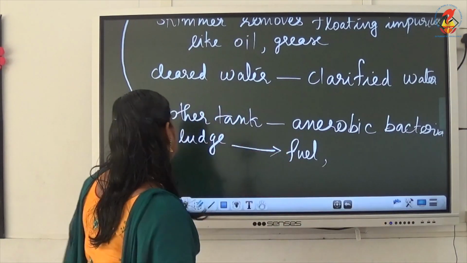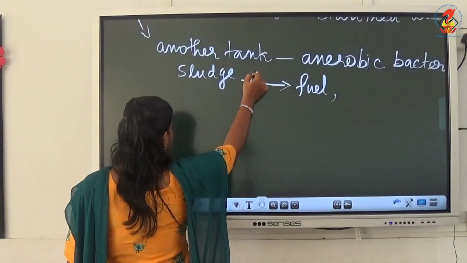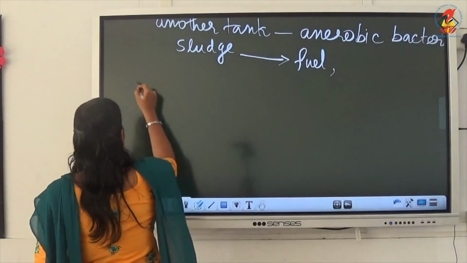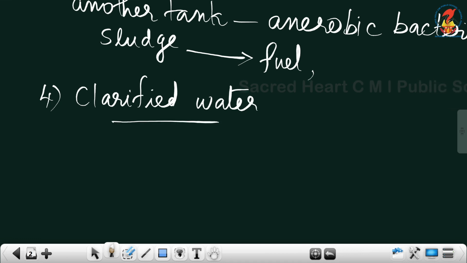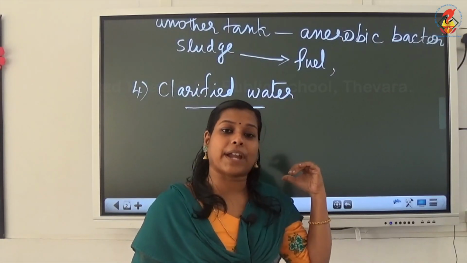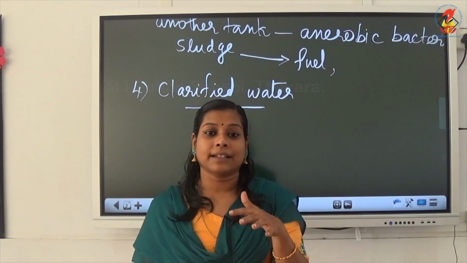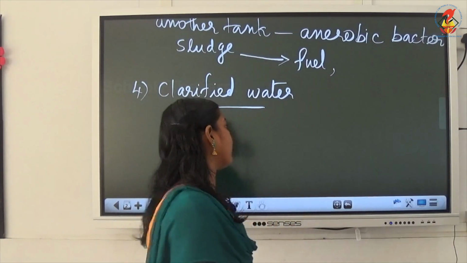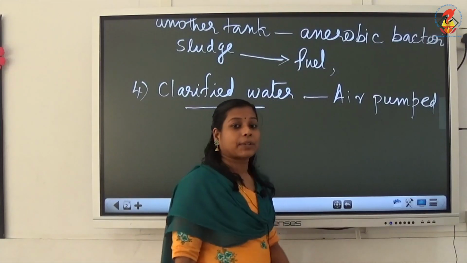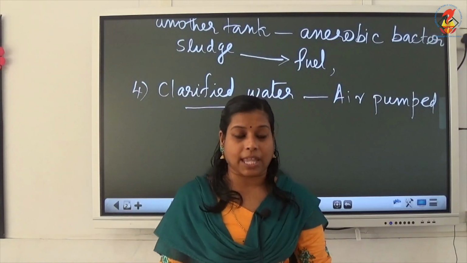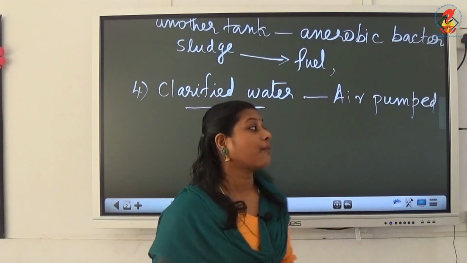Then the next, fourth stage. In the fourth stage, we take only the clarified water into another tank, and air is pumped into that clarified water, so that its odor and color will be changed by the action of aerobic bacteria.